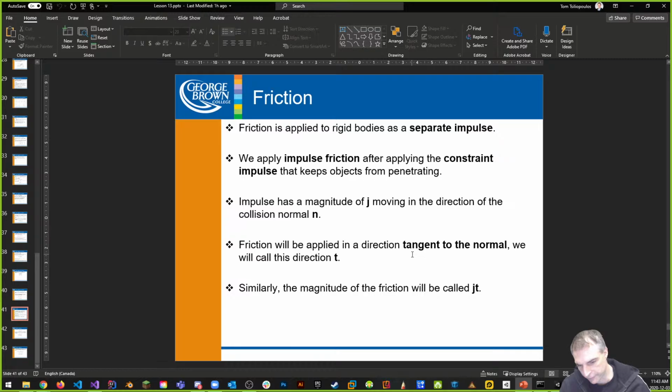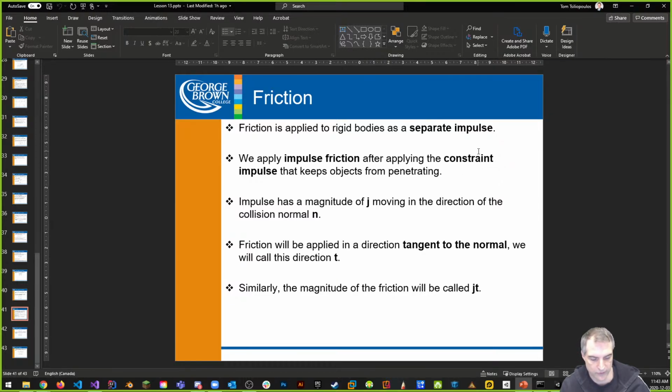Let's also think about friction a little bit, because one of the problems I gave you to solve was, how do I solve for friction? If I have additional friction, it becomes another type of impulse, a separate impulse. So we apply something called impulse friction after applying the constraint impulse that keeps objects from penetrating.